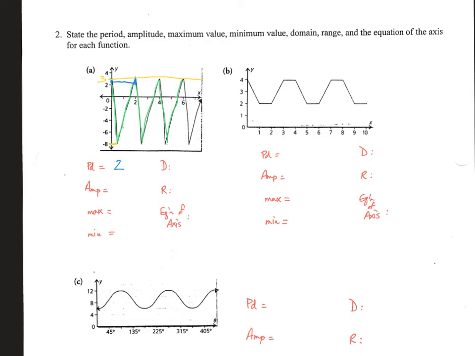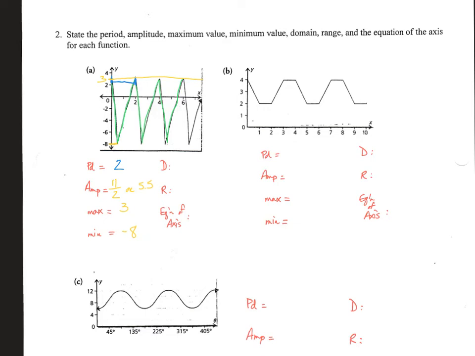So that means that the total height of my graph would be 11 units tall. My amplitude would then either be 11 halves, or if you like, because it's exact, you could write that as a decimal. Well, to find the max and the min, I already had to do that to deal with the amplitude. And so my max is a value of 3, my minimum is a value of -8.